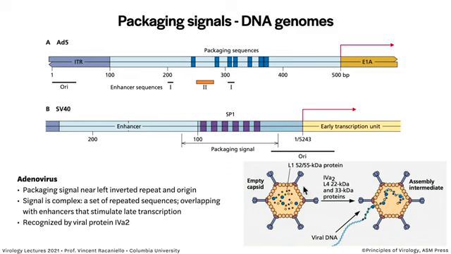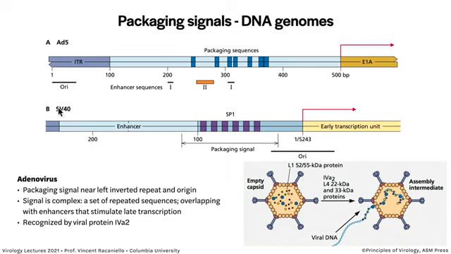And in the case of adenovirus, you first make an empty particle, and then the DNA gets threaded into it. And the threading of DNA will only happen if the packaging signal is recognized by 4A2. Without 4A2, the DNA does not get into the capsid. The exact mechanism is not known. So that's what a packaging signal is. It somehow interacts with the packaging machinery to get the DNA or RNA, as we'll see, into the capsid.